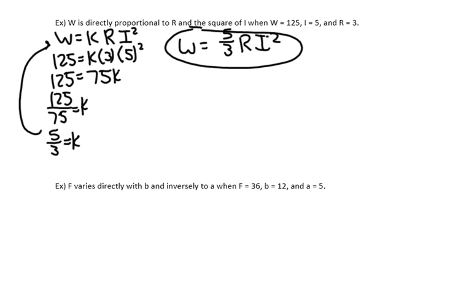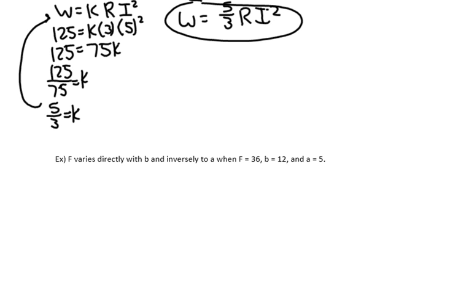Okay, so let's scroll down then. P varies directly with B and inversely to A when F is 36, B is 12, and A is 5. So first off, let's write. Again, don't forget your constant of variation. Directly with B, so I multiply. Divide by A because it's inversely.